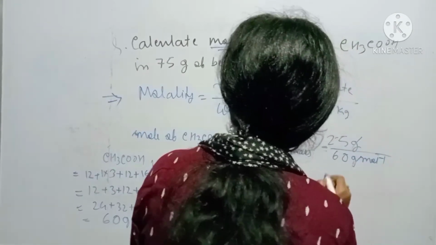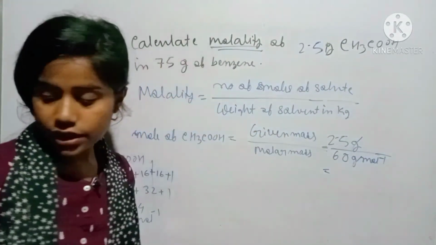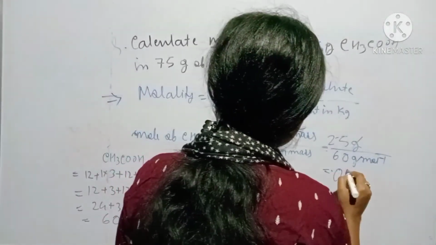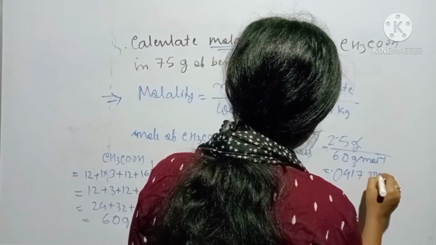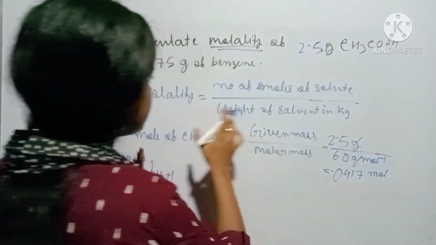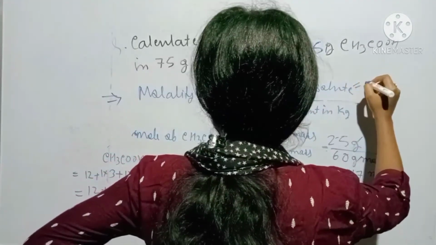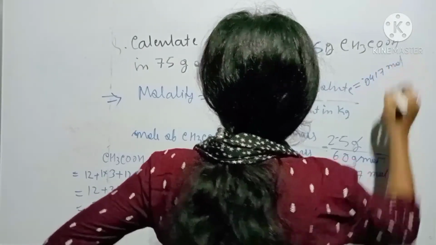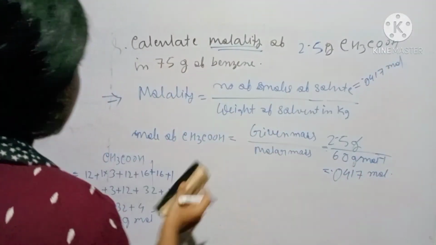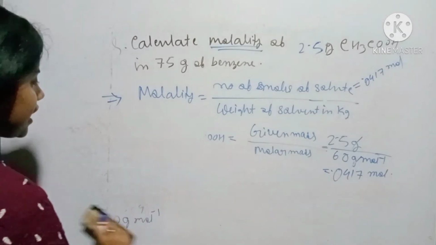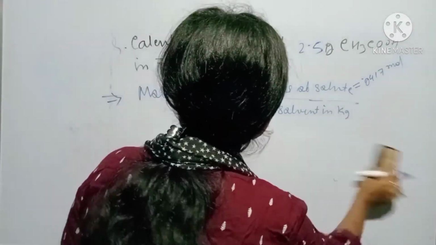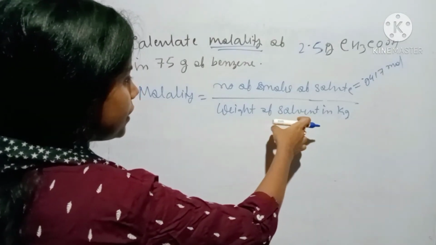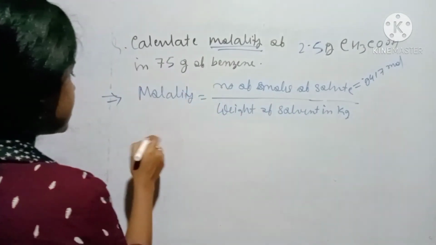Then the result of this calculation is around 0.417 mole. So we found the moles, and it's around 0.417 mole. It's so easy, I think, because we found the moles, and we need to know the solvent mass in kg. Here it's in grams.